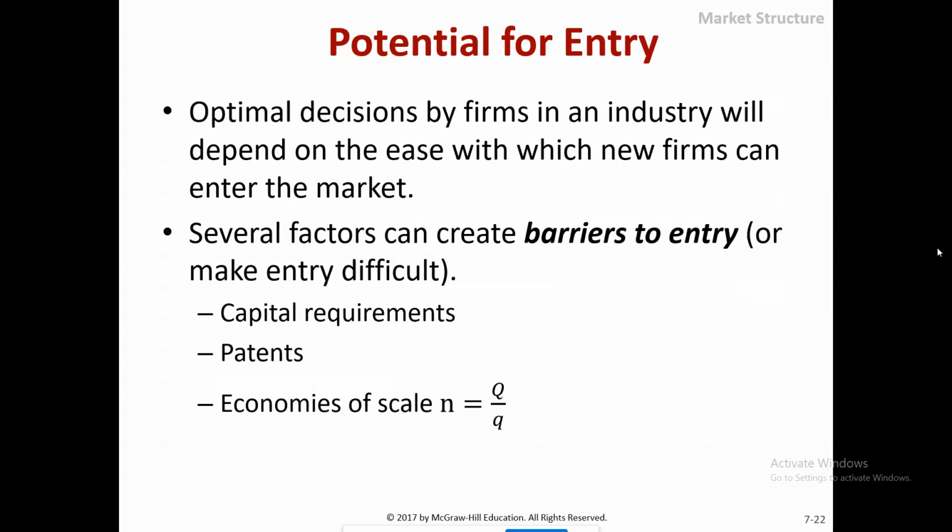The easiness or difficulty of entry into an industry is decided by barriers to entry. It is influenced by several factors. To summarize, high capital requirements, patents, and large economies of scale are associated with high barriers to entry.